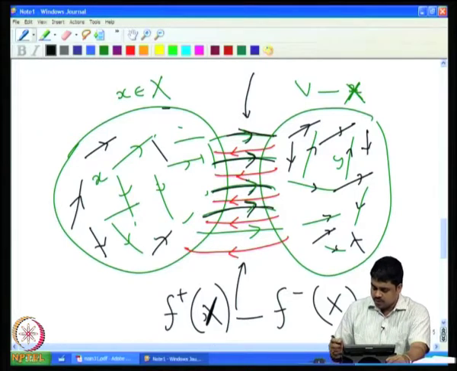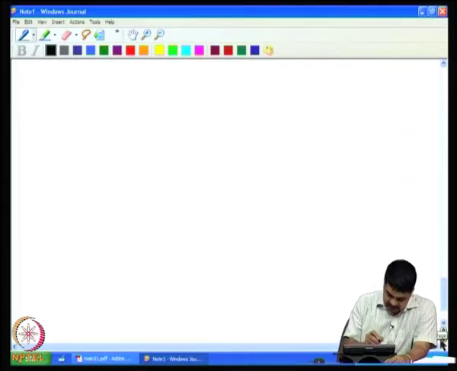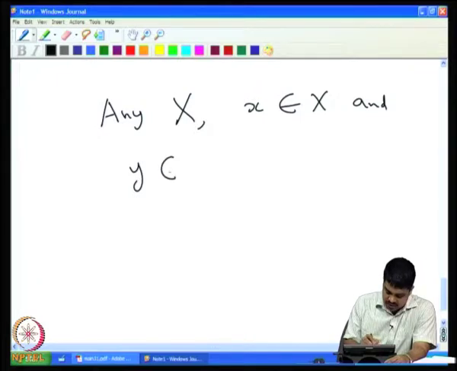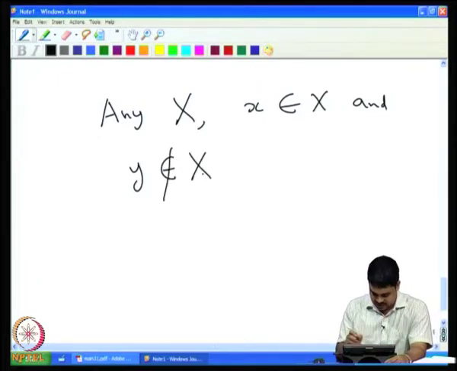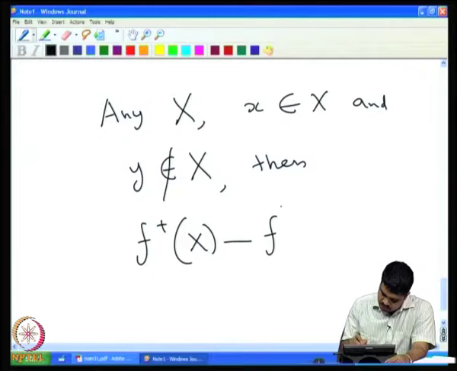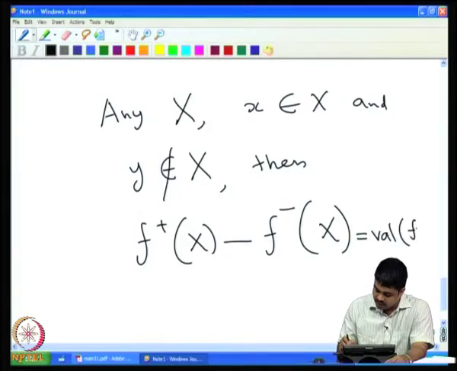What we claim is that if you take any x such that our source belongs to that set and y does not belong to that set, that means y is in v minus x, then f plus of x minus f minus of x will be essentially the value of the flow that we have defined.